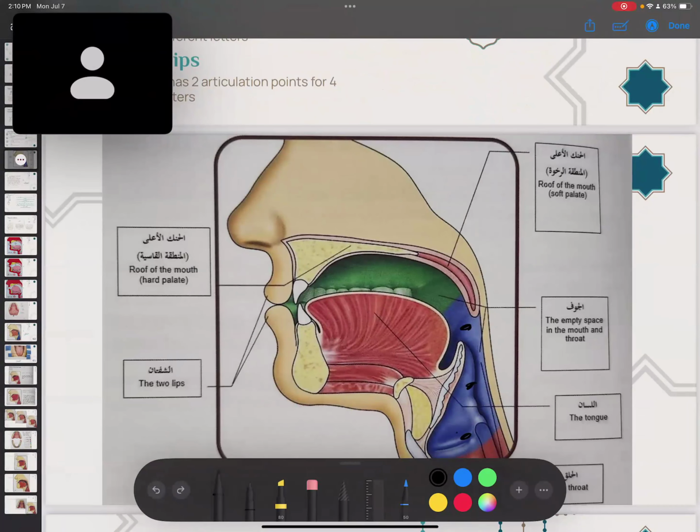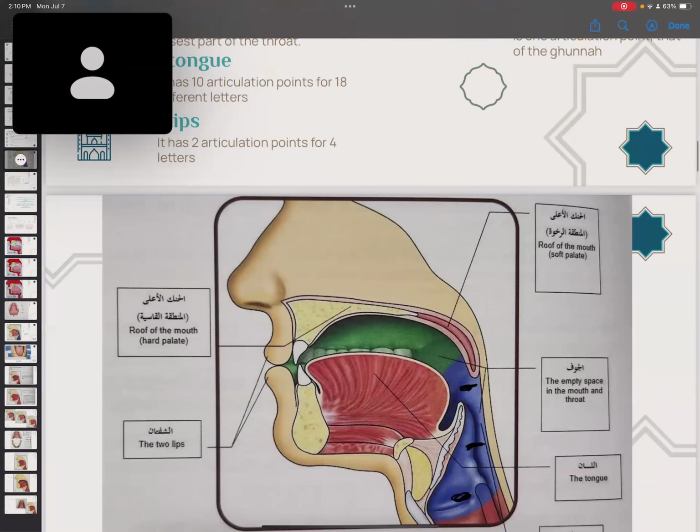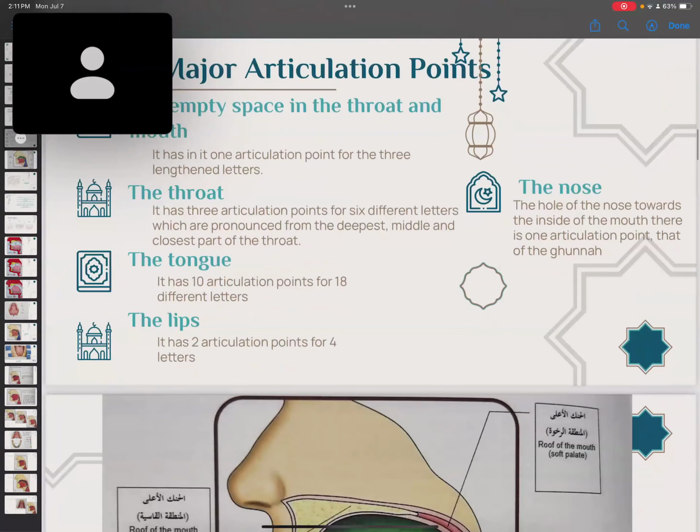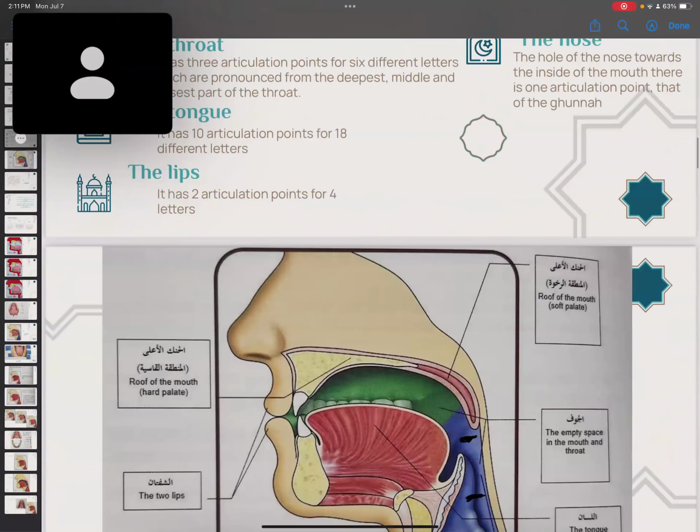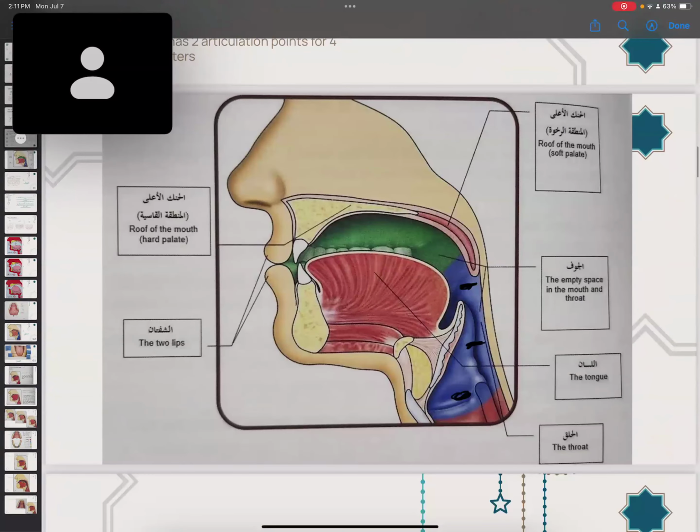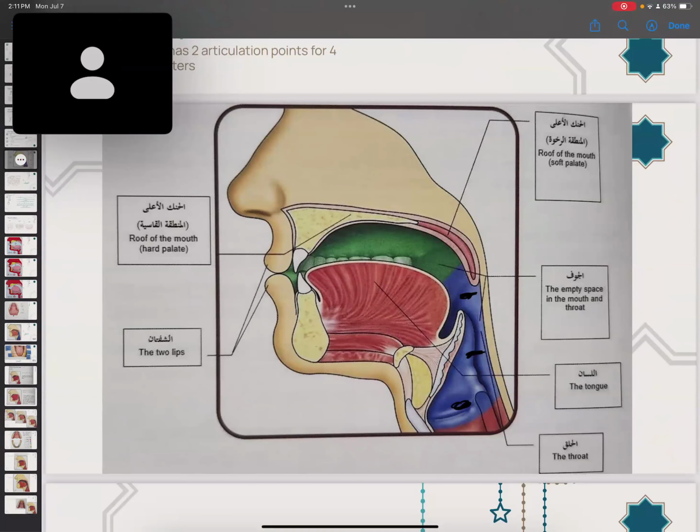Because there are 6 letters of the halq, we'll see which letters come from where in the halq.